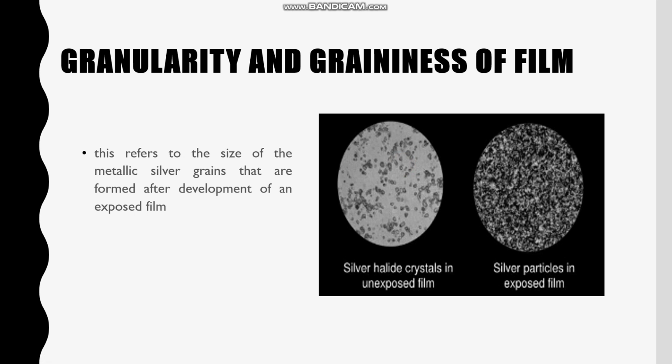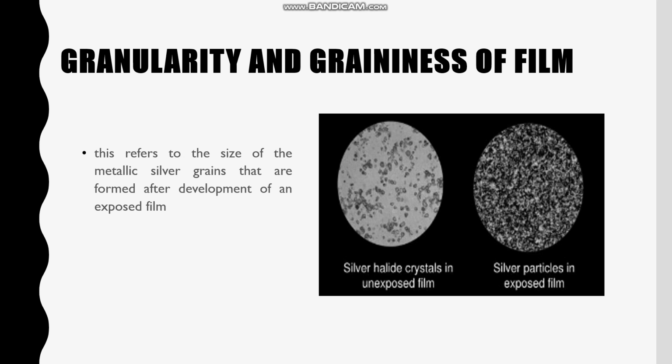Wherein, di ba, sabi nga natin kanina, the slower the speed of the film, the finer the grain yung meron tayo. And then the faster the film or the speed rating is, the bigger the grain is. And as a result, kapag nag-take tayo ng photo, ganun din naman siya. The finer the metallic silver yung mapoproduce natin, and then the bigger the metallic silver crystal yung mapoproduce natin kapag faster yung film.